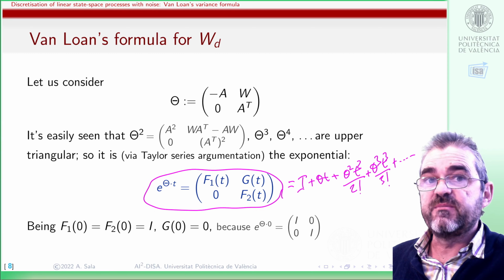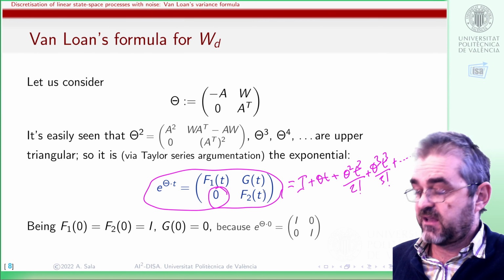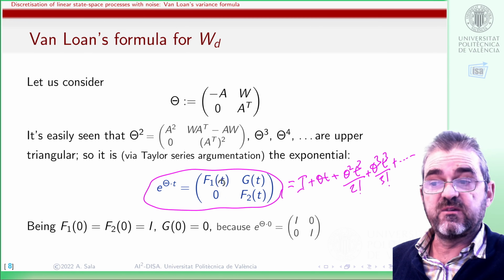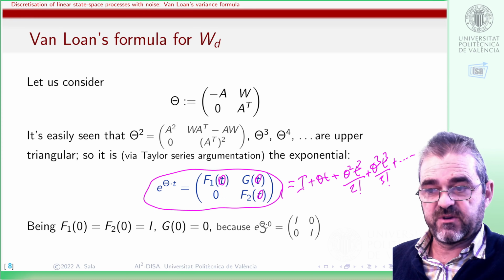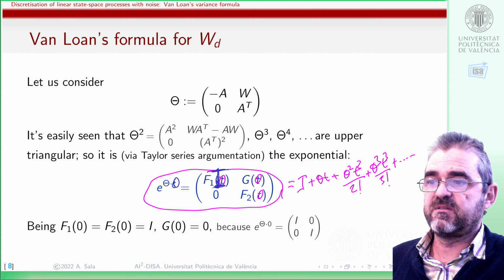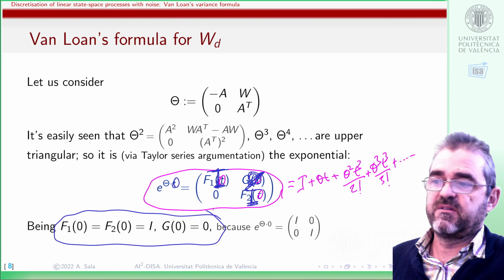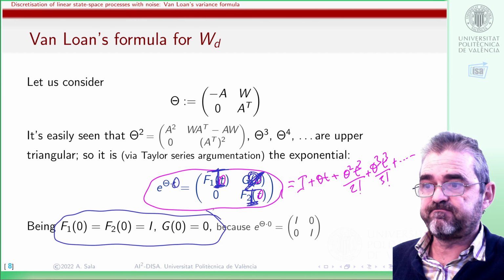In fact, we will compute them in the next slide. For the moment, the only thing we know is that this will be 0, and that for t equals 0, as the exponential of the 0 matrix is identity, this will be identity, identity, and 0. So we know these initial conditions.